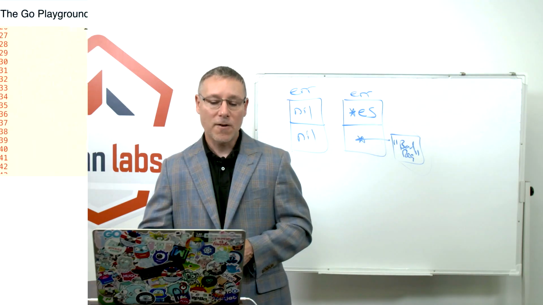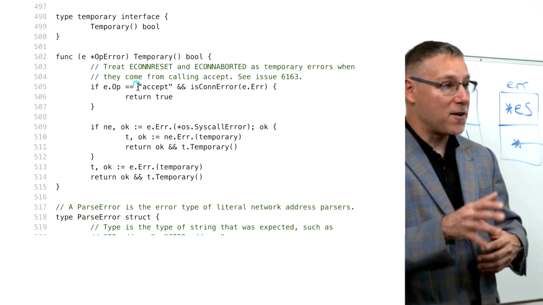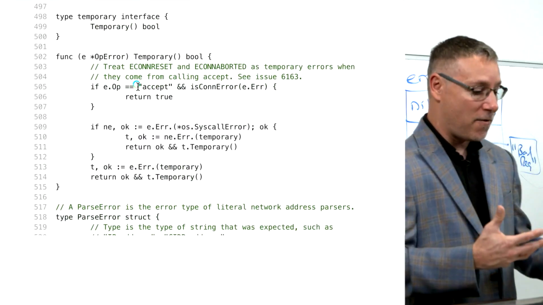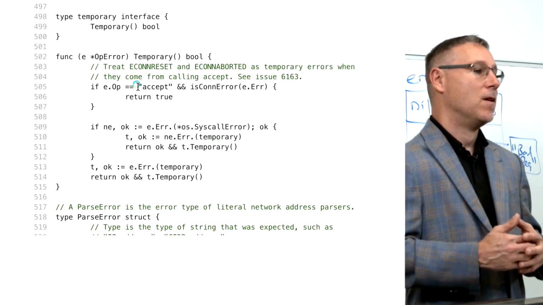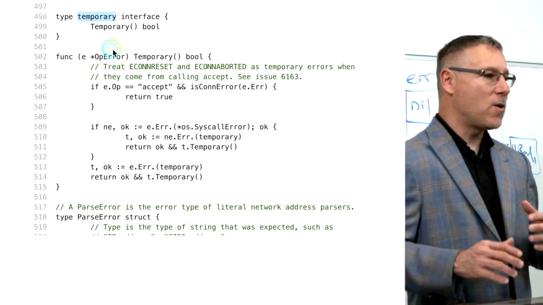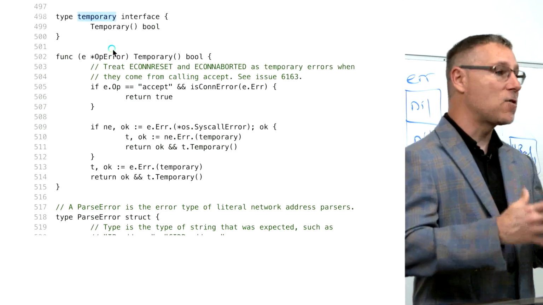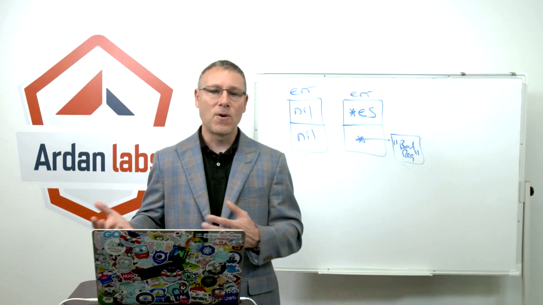What I find fascinating here is Go, at least the net package, did implement an interface called temporary. There it is on line 498. But what do you notice about the temporary interface? You should notice pretty quickly that it's an unexported type. And you might say, well, why is this interface unexported?